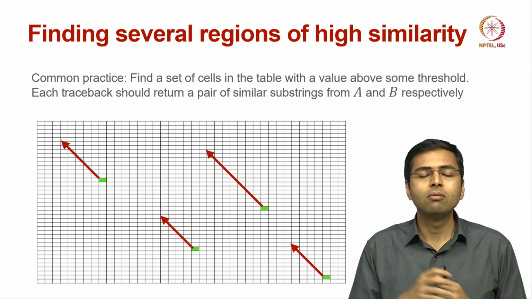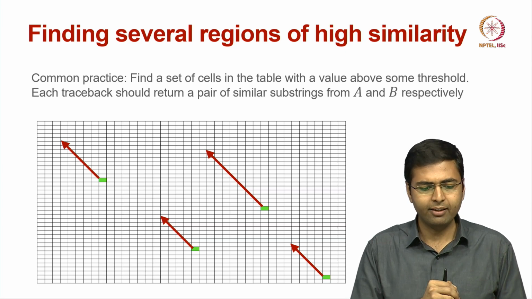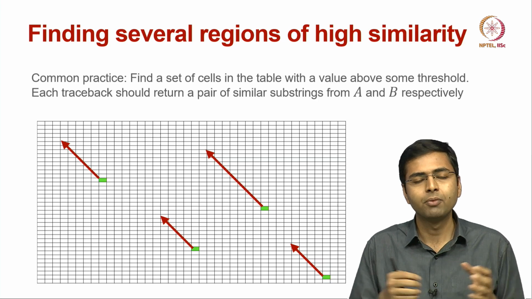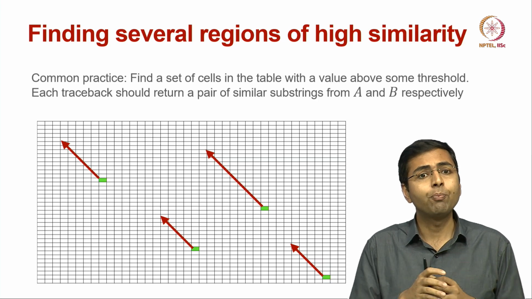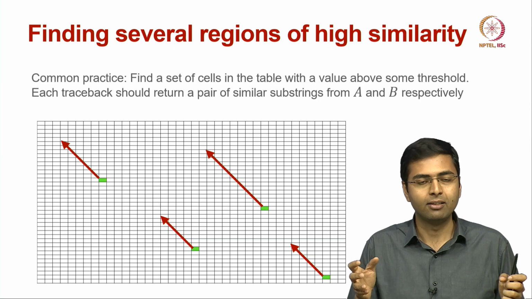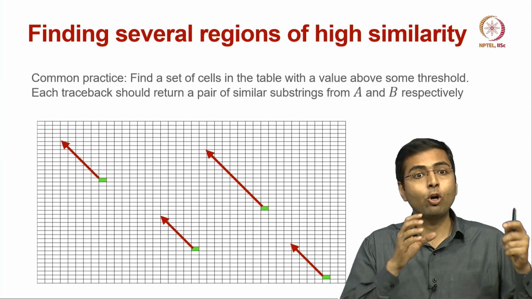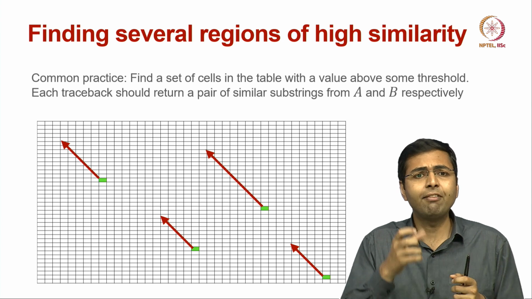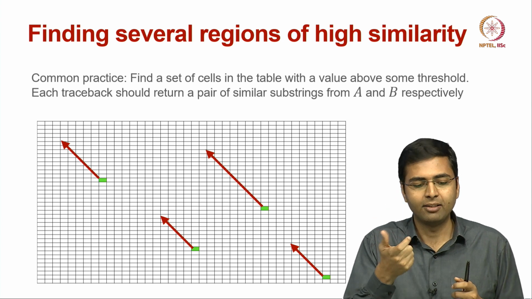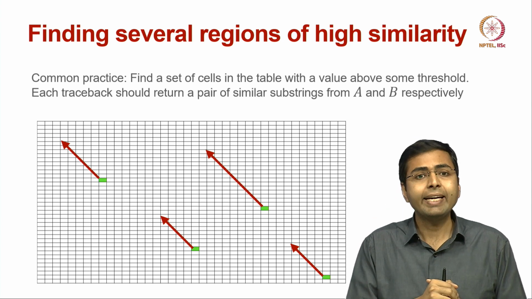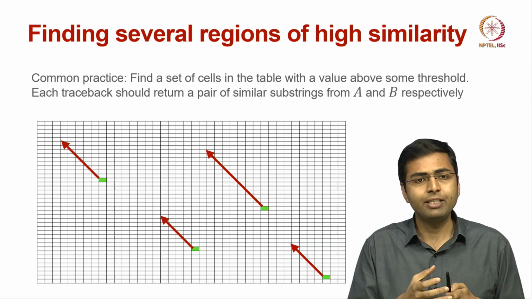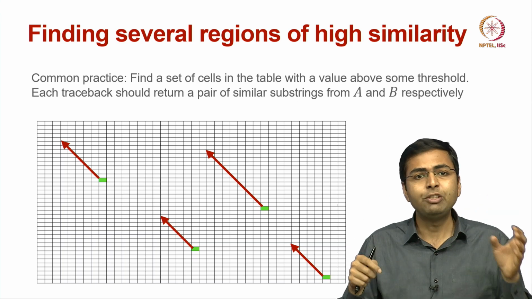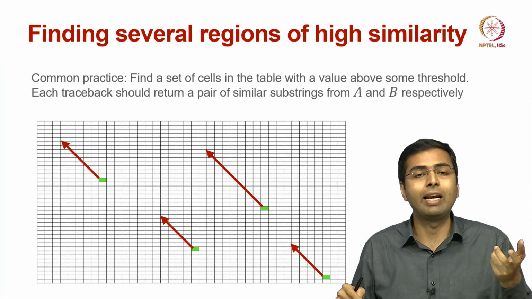One small detail I have to mention is that typically in practice, when we are solving the local alignment problem, we are also looking for multiple regions of high similarity. For example, if I am aligning chromosome Y of human to chromosome Y of chimpanzee, there will be several regions of high similarity. In that case, we have to look for multiple cells in the table which have high value.